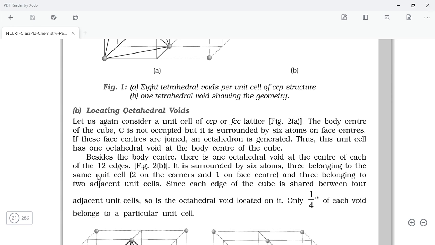Besides the body center, there is one octahedral void at the center of each of the 12 edges. It is surrounded by 6 atoms, 3 belonging to the small unit cell, 2 on the corners and 1 on the face center, and 3 belonging to the adjacent unit cells. Since each edge of the cube is shared between 4 adjacent unit cells, so is the octahedral void located on it. Only one fourth of each void belongs to a particular unit cell.